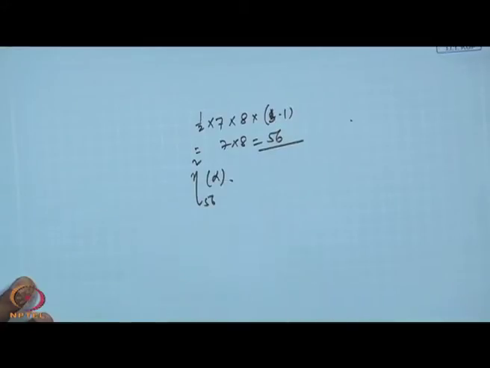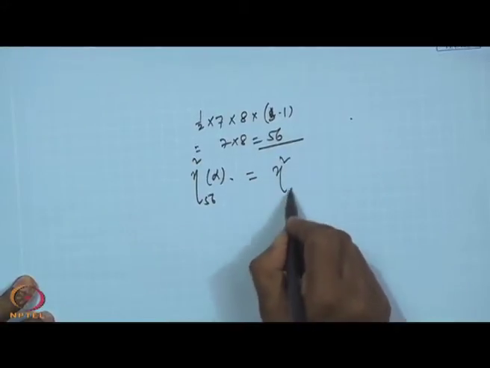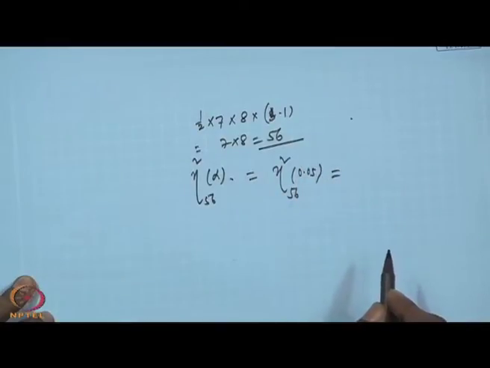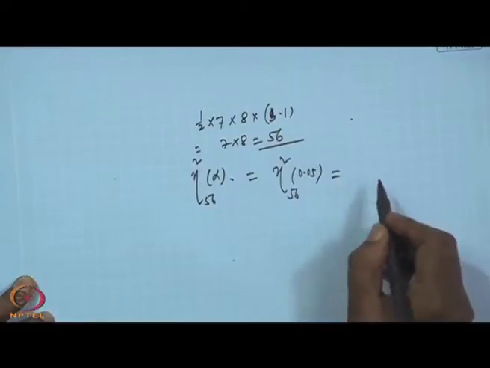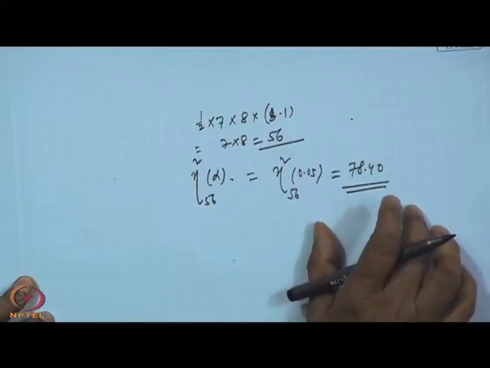Now, what will be your alpha value? You choose. If you choose alpha value equal to 0.05, then chi square 56, 0.05 is 78.40, you will get from table.